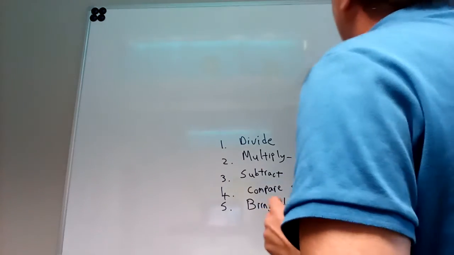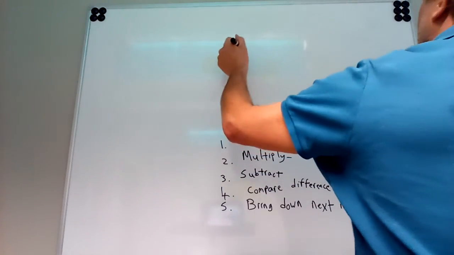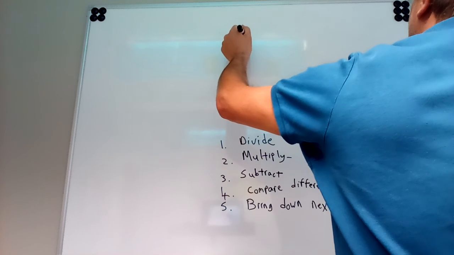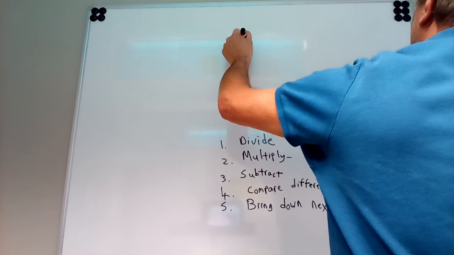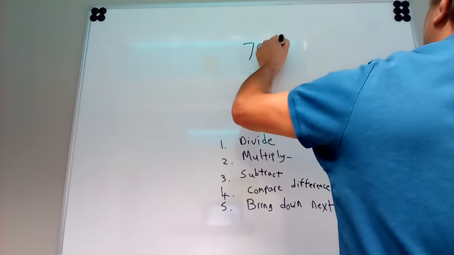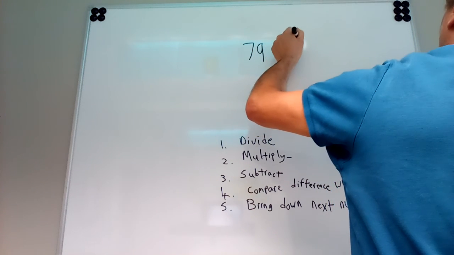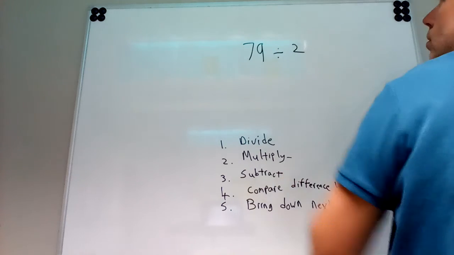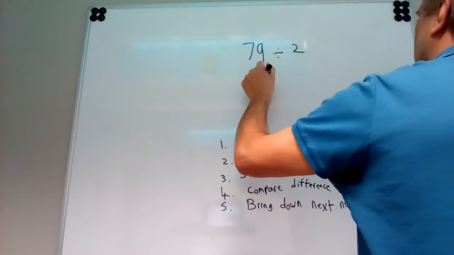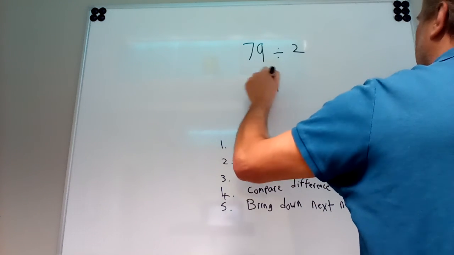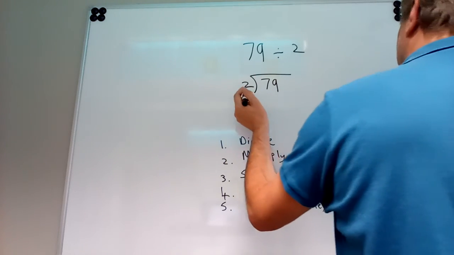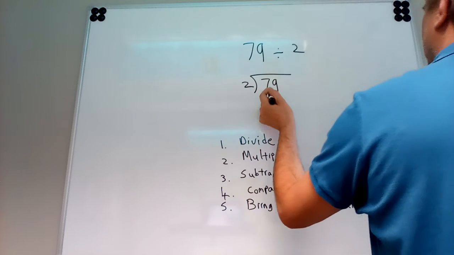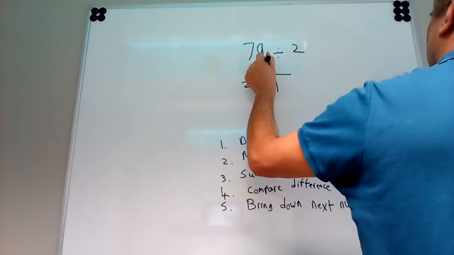One more problem, and then you can work on some of yours. So let's go with 79 divided by, we'll just say 2. Okay, so 79 divided by 2. 2 will go into 7.